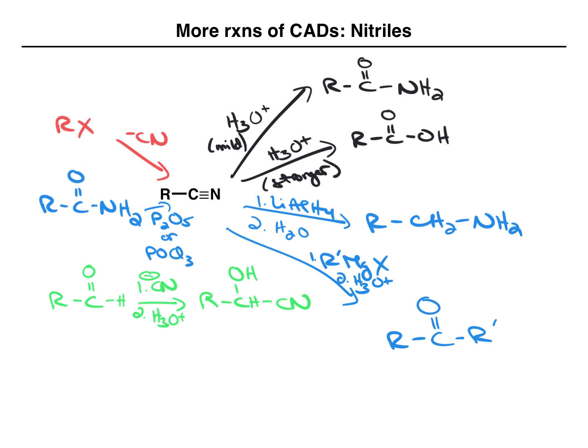So the R group and the nitrile carbon are maintained as the R group and the carbonyl carbon, and then R prime comes from the Grignard reagent.